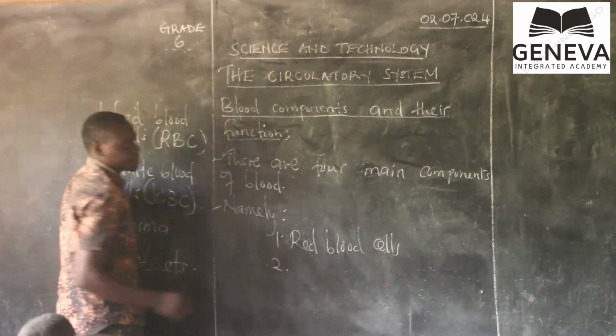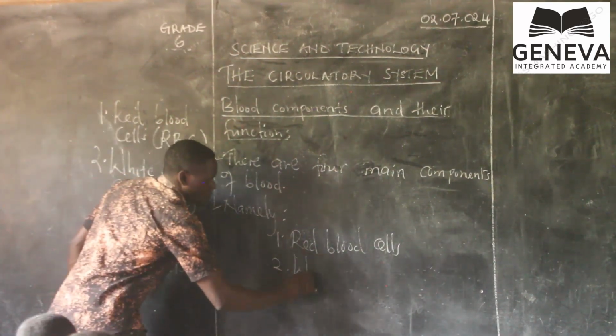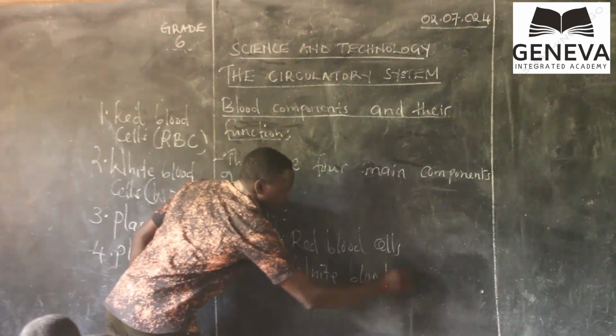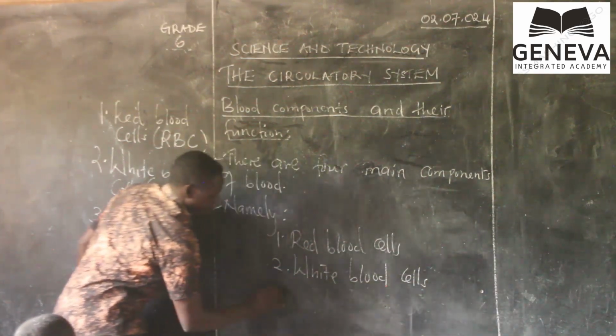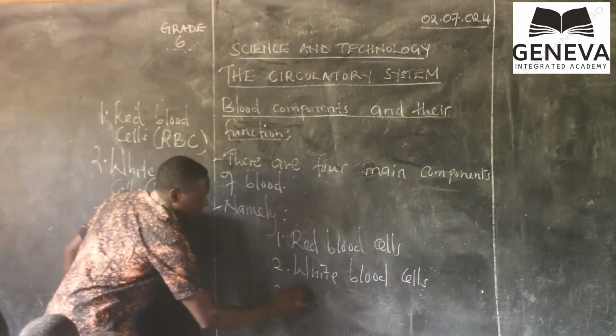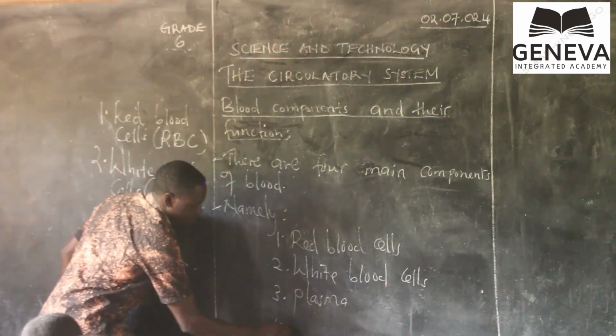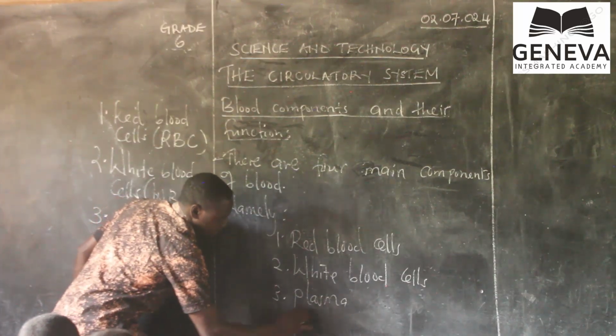Number 2 is white blood cells. Then number 3 is plasma. And number 4 is platelets.